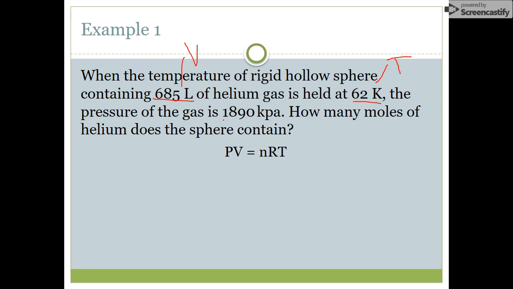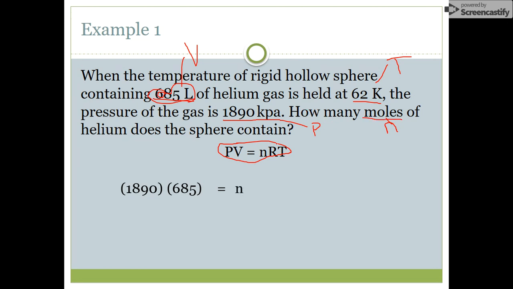Pressure is 1890 kPa, so that is P. The question is how many moles? So you're finding N. I'm going to take this equation and plug stuff in. My pressure is 1890, my volume is 685, equals N, which I don't know because the question asks how many moles.